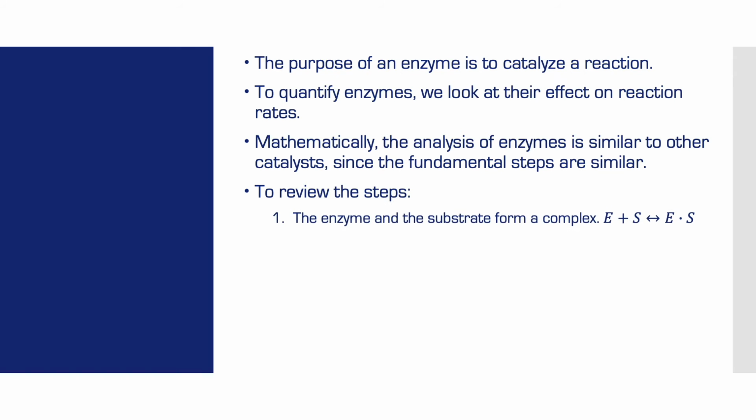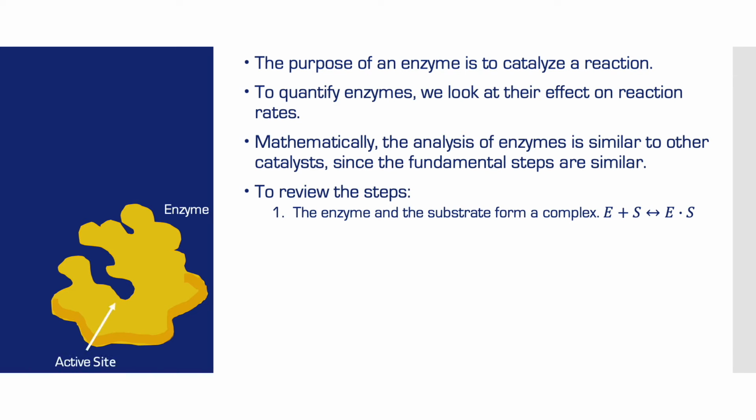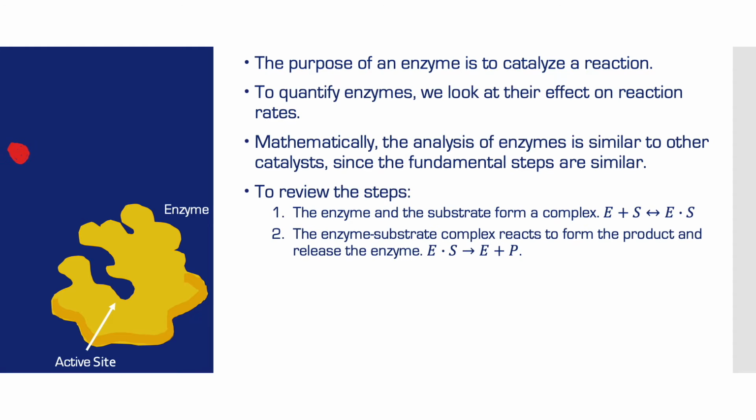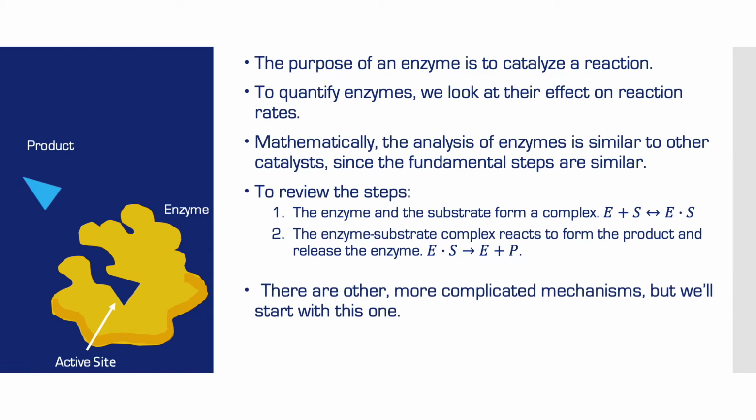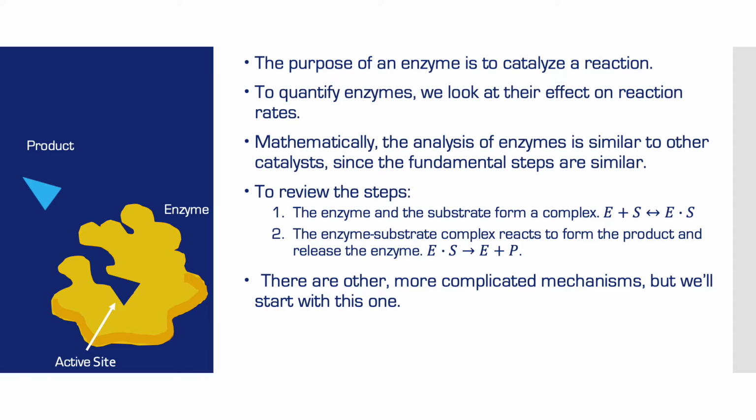To review the steps, the enzyme and the substrate form a complex. The enzyme-substrate complex reacts to form the product and release the enzyme. There are other, more complicated mechanisms, but we'll start with this one.